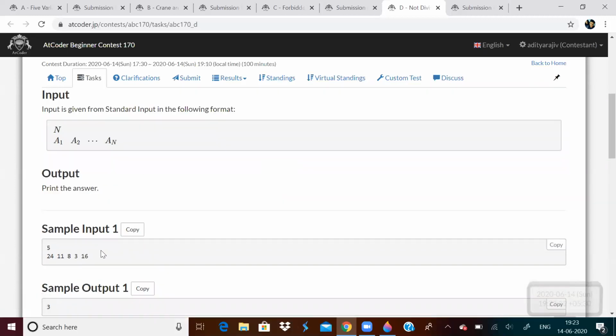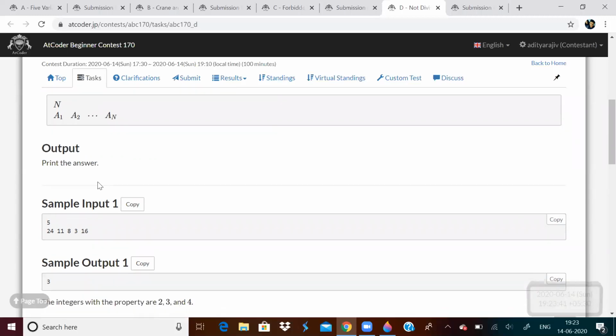First of all, we'll store all the elements in the array and we shall perform factorization. Not even prime factorization, I'm sorry, we don't have to do that. Let's just do factorization.